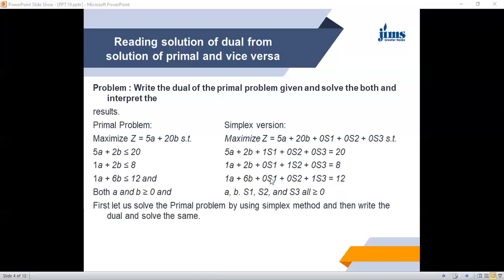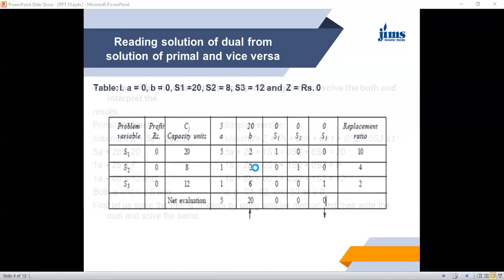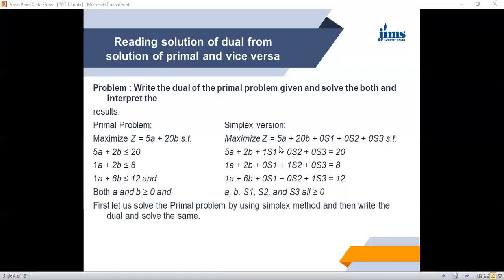So this is the simplex version of the problem. Now we solve the problem, so we transfer this data into a simplex table. The first row will be the coefficients of the objective function: 5, 20, 0, 0, 0.